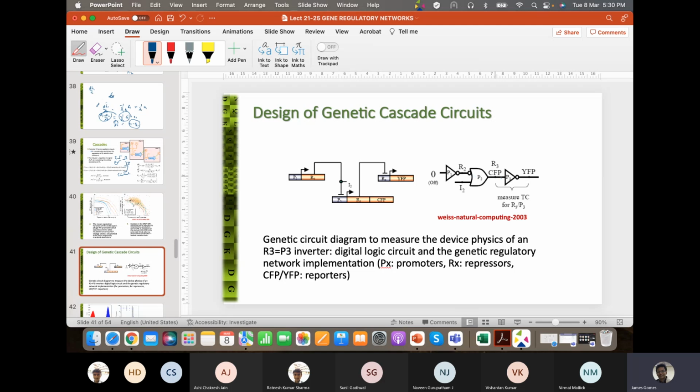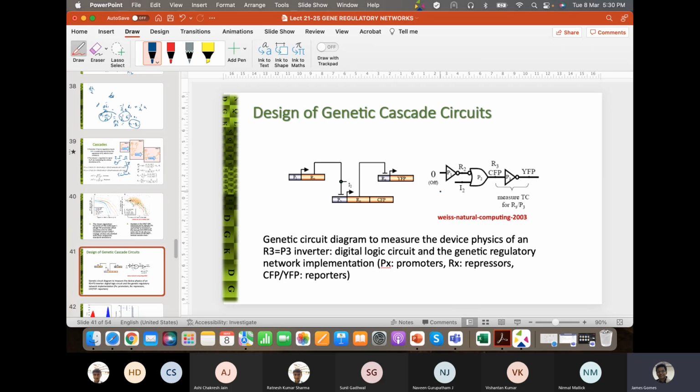If it's an AND gate, then it still gives you a 1, and then with the OR gate, it gives you a 1, and from there it gives you the yellow fluorescent protein. So it depends on the gating also. We'll talk about this a little later, because the digital logic will essentially dictate what signal you put and what the outcome is, depending on how these genes are regulated in terms of the logic gate.